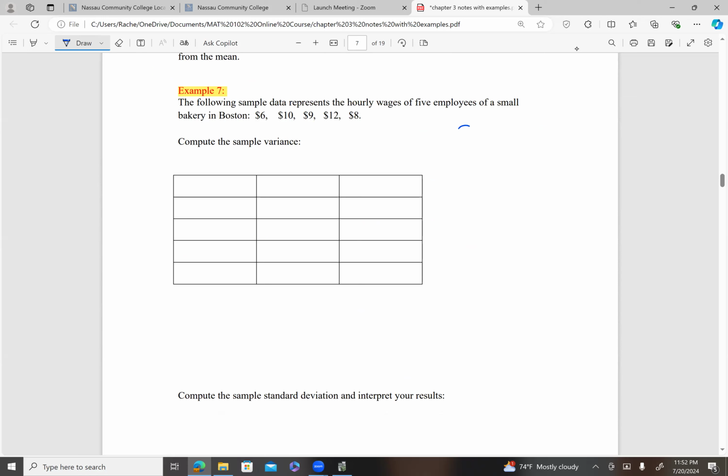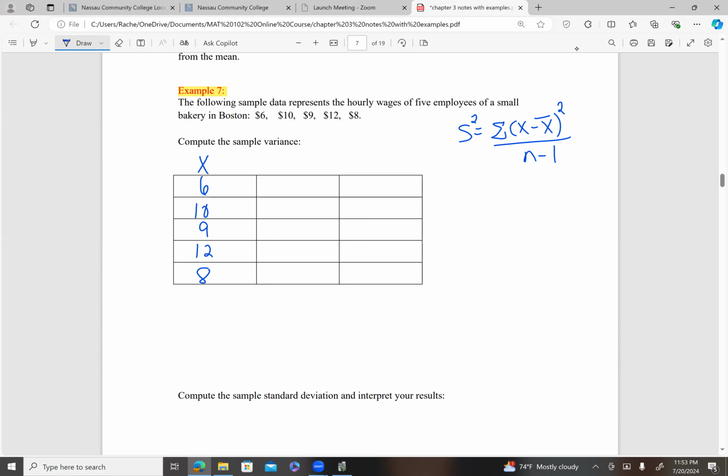So S squared is equal to the sum of each data value minus the mean squared, divided by n minus 1. We're going to do that for this data set of 5 numbers. Why don't we list the 5 values in our set? We have 6, 10, 9, 12, and 8. I'm going to call this column X because those are my X values.